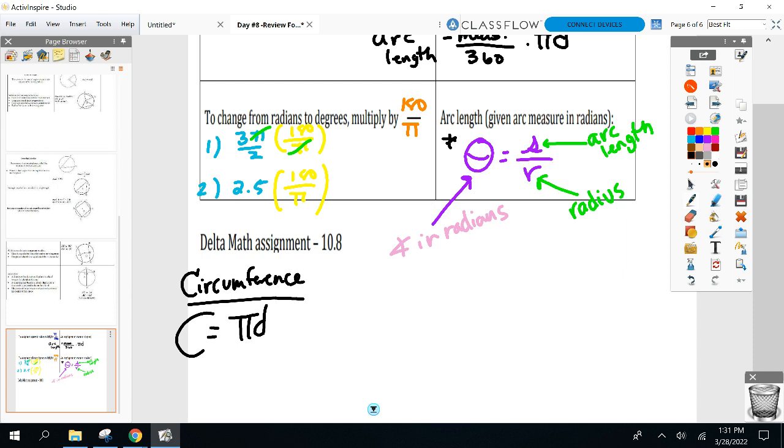I am not going to give you a problem that says, here's a circle with a diameter of 10, what's the circumference? It's too easy for you. Here's what I'll do tomorrow: here's the circumference, find the diameter, or what's the radius of this circle? That's what I'll do at an honors level. There's no way I'm going to waste time giving you a diameter just so you can plug it in. You will use that formula, but given the circumference, I'll ask for the diameter or radius.